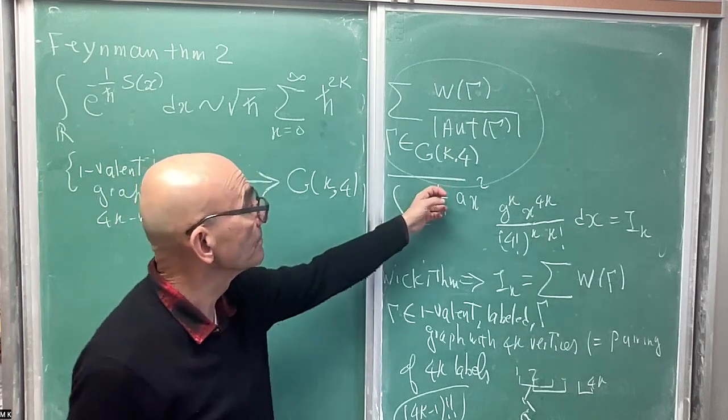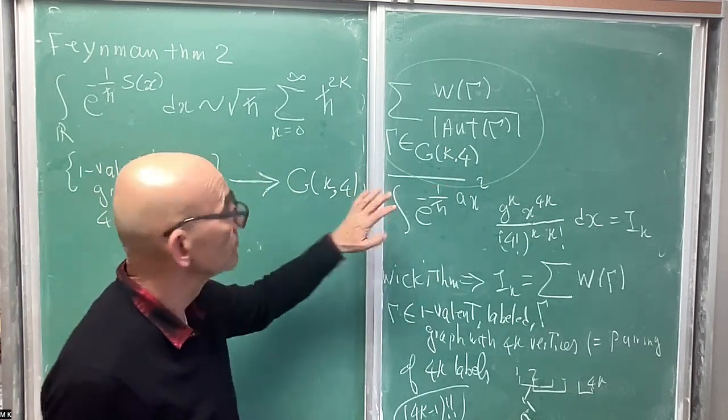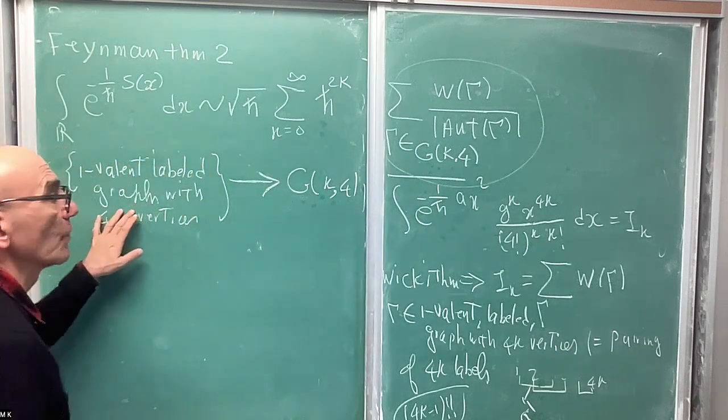They are 4-valent, and that's it. Much smaller set than this one.